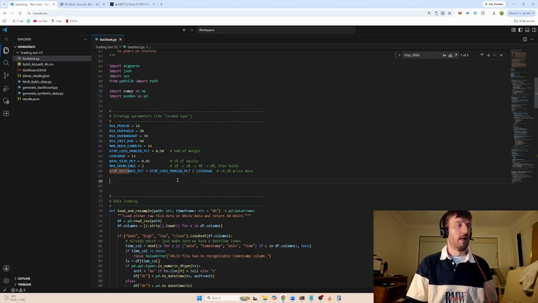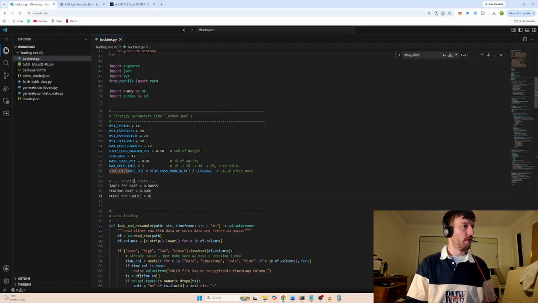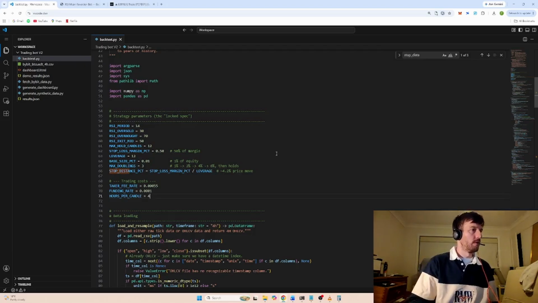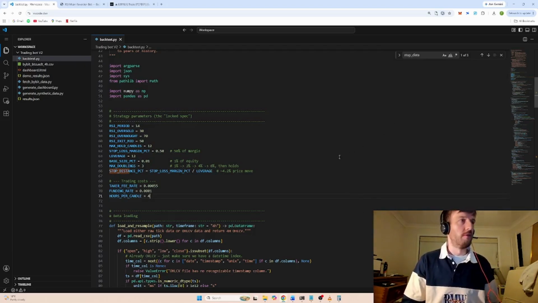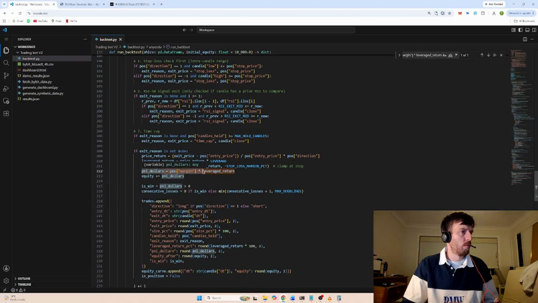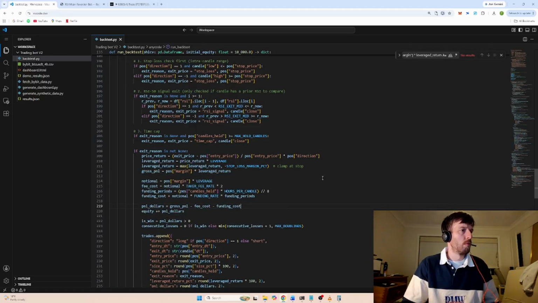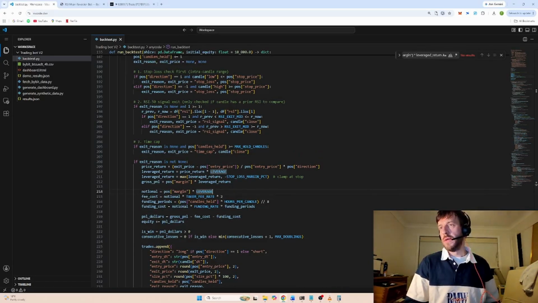So we're just going to add a new parameter in here. Cool, so that's just trading costs that we've added into our backtest.py file. Let's save that.